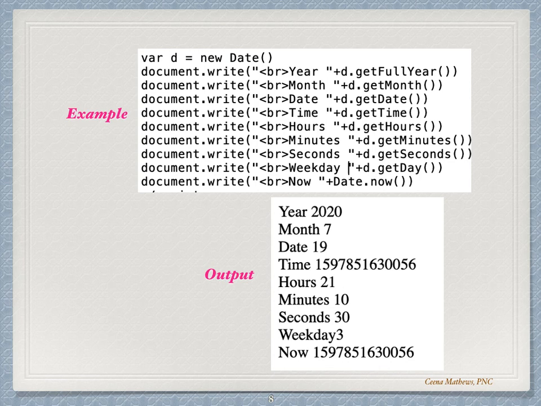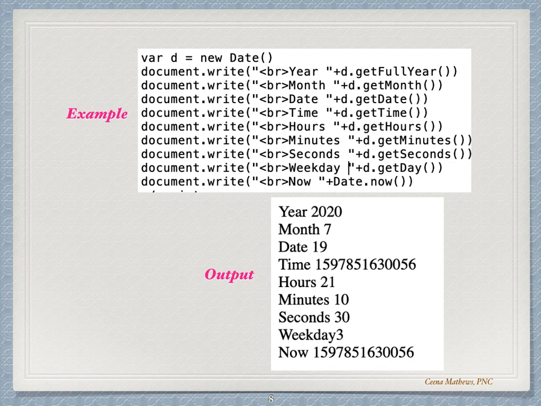That is, in the first line you can see D has been assigned new Date. Since no parameters are given here, it will assign to D the current date and time. So the methods getFullYear to getDay will display the specific components of this current date and time.